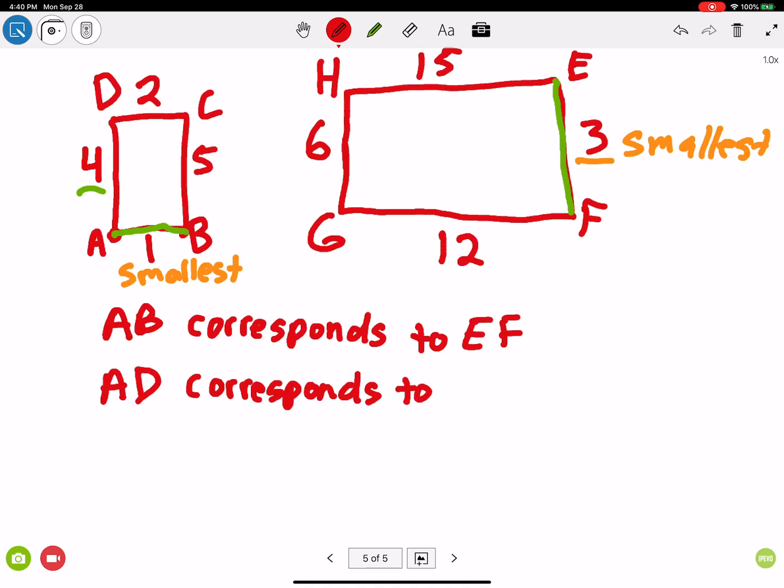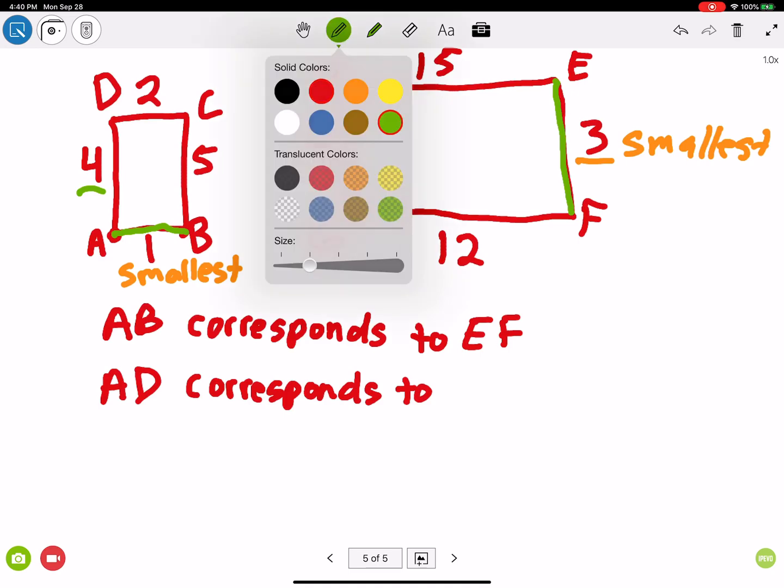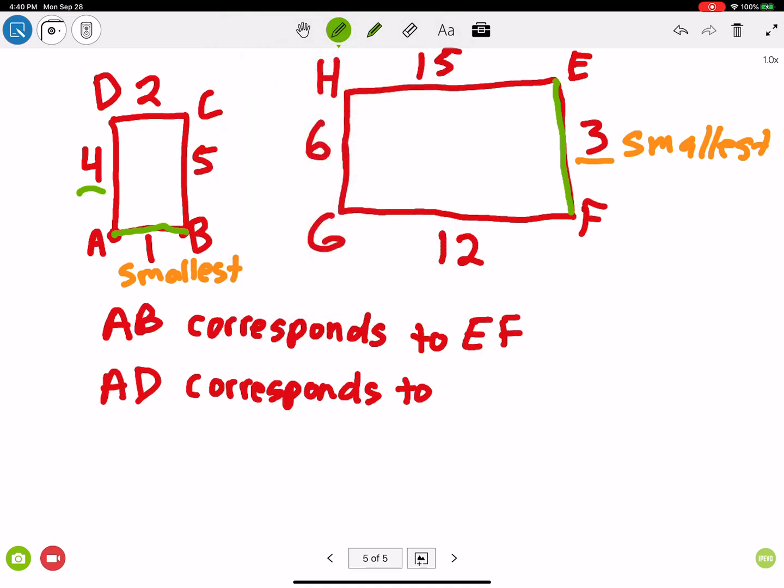Well, what do you notice about AD? It's the second largest, right? It's the second biggest side in ABCD. So it's the second biggest. Well, what's the second biggest in EFGH? What's the second biggest in EFGH?